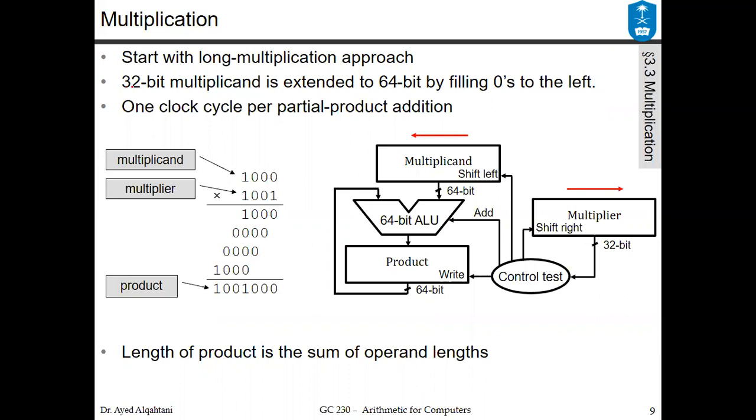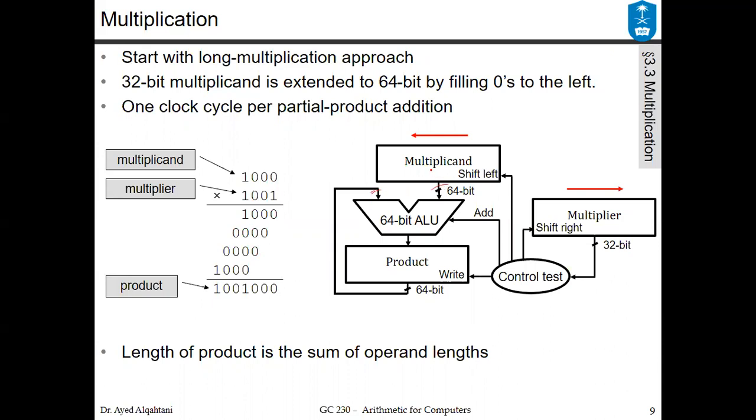In MIPS, we have a 32-bit multiplicand, which is extended to 64-bit by filling zeros to the left of the number. And this is because for the first hardware, we will use a 64-bit ALU.